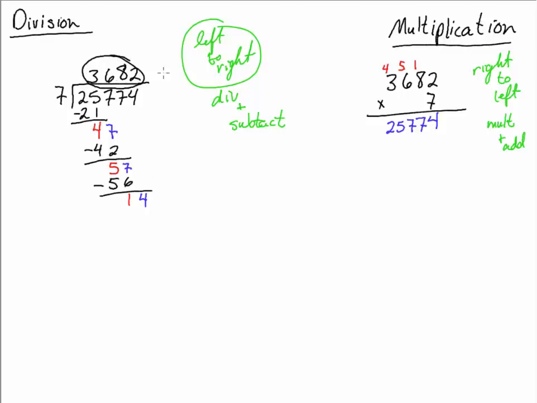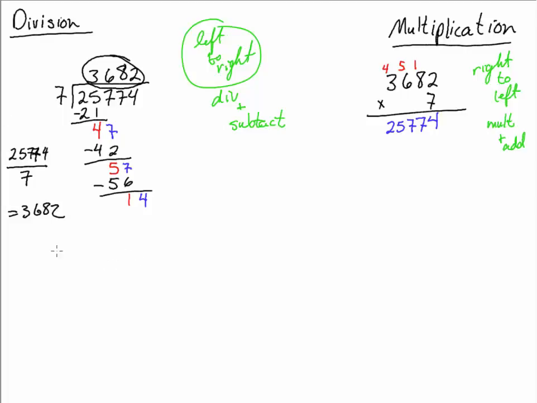So this process of going left to right, so 7 goes into the highest number as much as you can, and working your way down by dividing and then subtracting, undoes exactly the multiplication process over here. And so, let's rewrite this another way. 25,774 divided by 7 equals 3,682. Good.